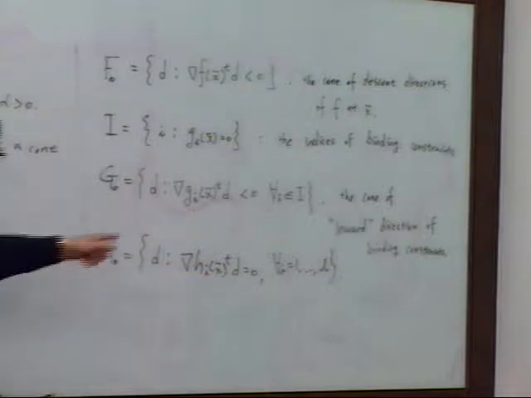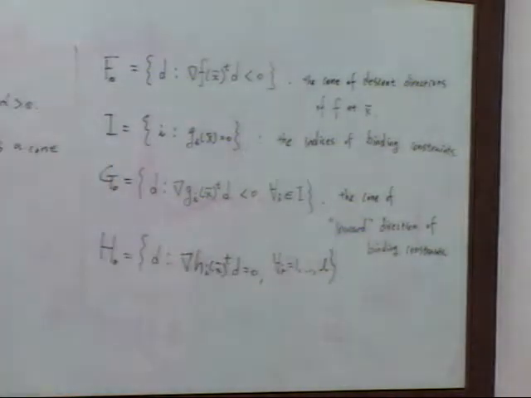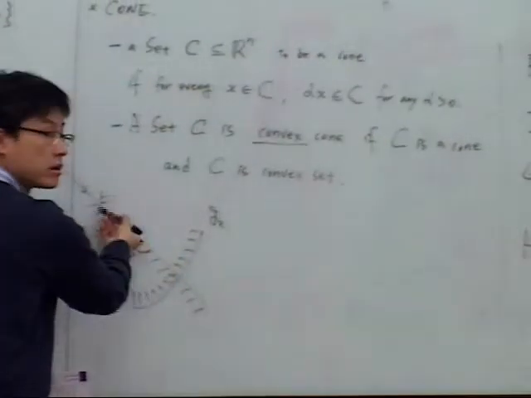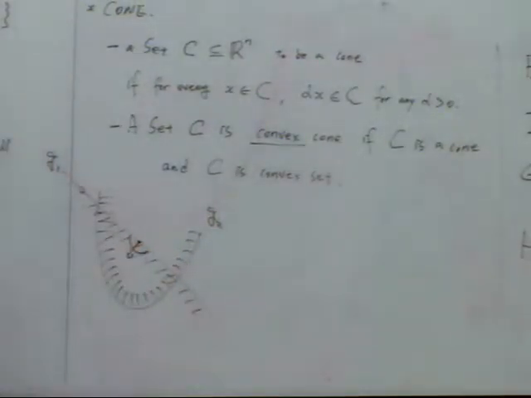So it is defined at your x bar. For example, your x bar is here, the current position is here, and the range of this direction is G sub 0.